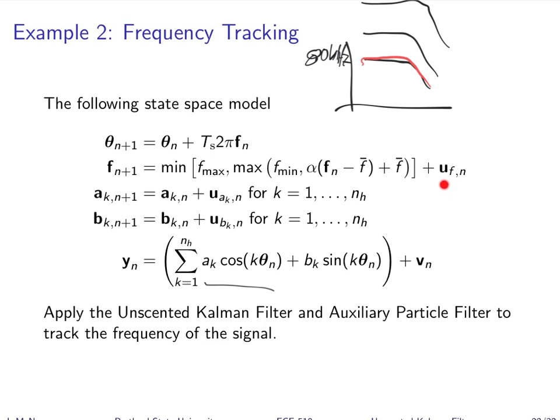But with the Unscented Kalman filter, I've got added noise, so it gets added after I've applied these constraints, and so they're kind of soft constraints in that respect. But some of the prior knowledge is there's some minimum and maximum, and I'm modeling this as an autoregressive process as well, not as a white noise process. There's an alpha here. So basically it's saying the frequency at time n+1 is related to what the frequency was at time n. It's not simply white noise, and it's certainly not a random walk.